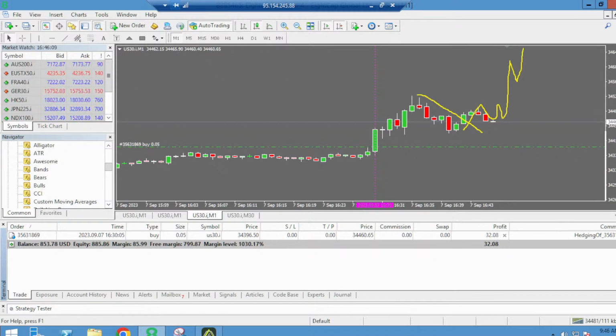So many possibilities in the market as a technical trader. If this is going to be going back to the downside, then you could see something like this. Come back here and continue moving down. That's also a possibility if price wants to go down. So many possibilities exist.